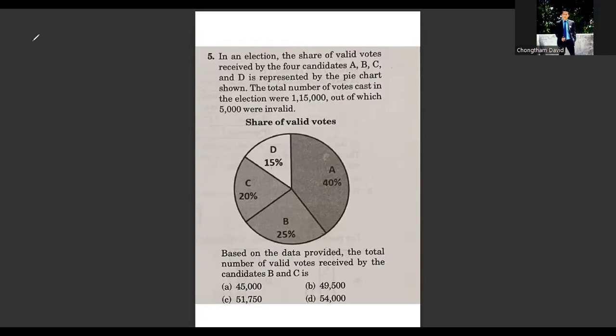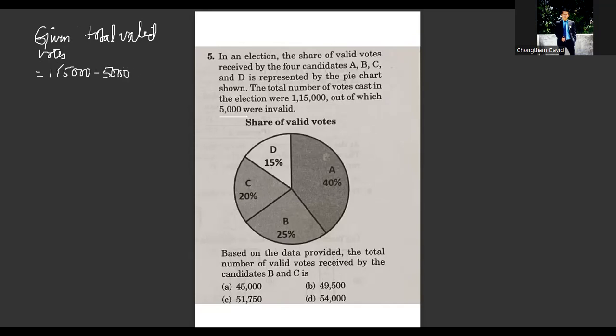So to find the total number of valid votes received by candidates B and C, we need to first calculate the number of valid votes represented by its percentage, then sum the valid votes for candidates B and C. The given total votes is 1,15,000, minus 5,000 invalid votes.